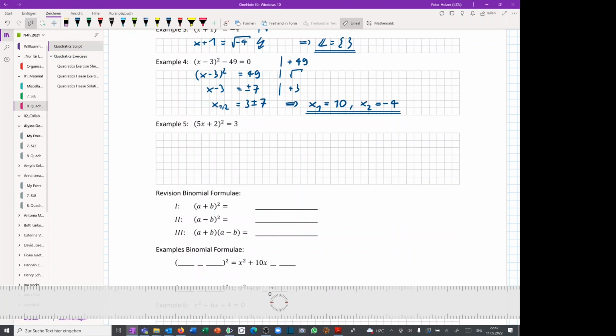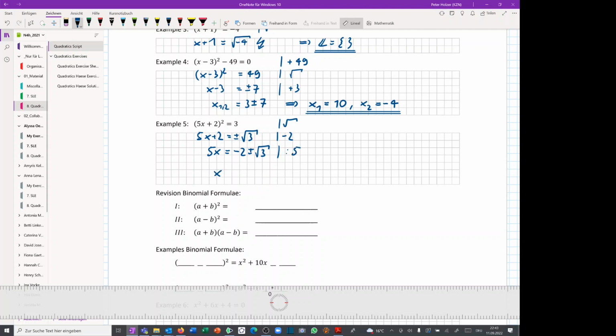Now solve example 5 on your own. Stop the film, and here comes the solution. We take the root, we get 5x plus 2 equals plus minus the root of 3, then minus 2, we get 5x equals minus 2 plus minus the root of 3, and the last step, we have to divide by 5.